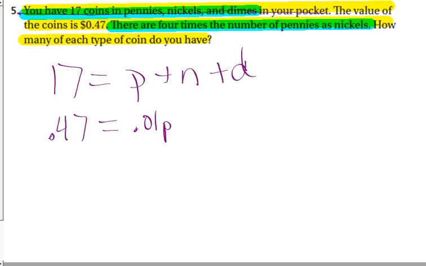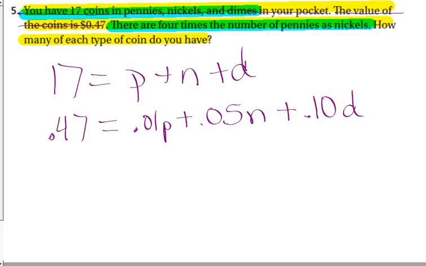And nickels are 5 cents. So 0.05 times the number of nickels, and a dime is 10 cents. So 0.10 times the number of dimes. So there we go. There's our second equation. So we're through with that.